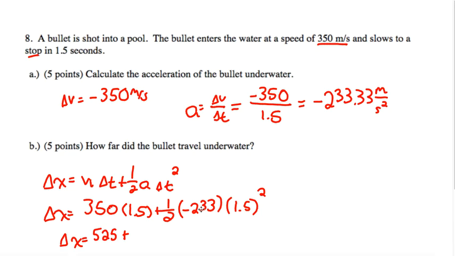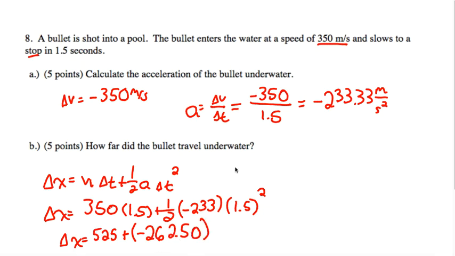So 1.5 squared gives you 2.25 times the 233.33, and you take half of that. You should have gotten a negative answer when you multiply those three things. So it's a negative 262.50, around that.